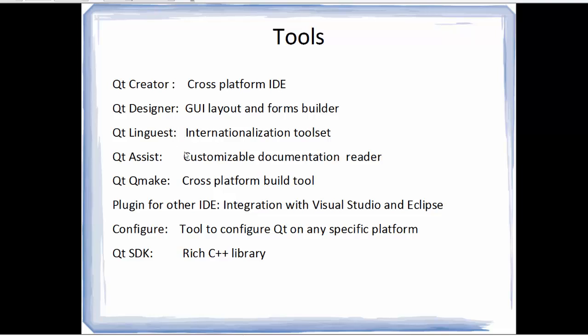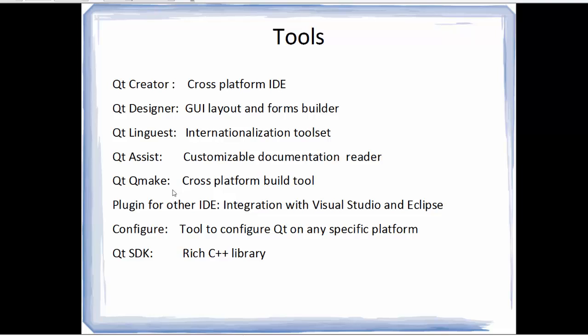Now it also comes with Qt Assist, which is a customizable documentation reader, which is also part of this Qt Creator IDE. Now the build system which comes with Qt is QMake, which is also a cross-platform building tool, something like Makefile, if you have heard about Makefile, or CMake, right?